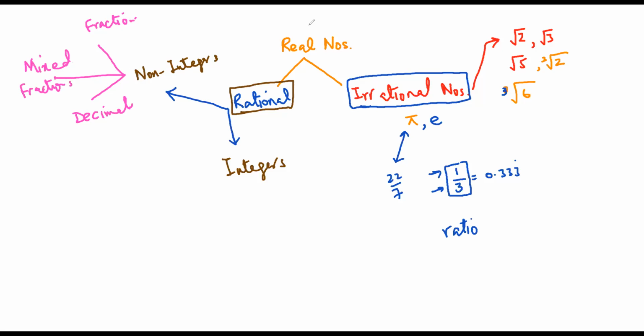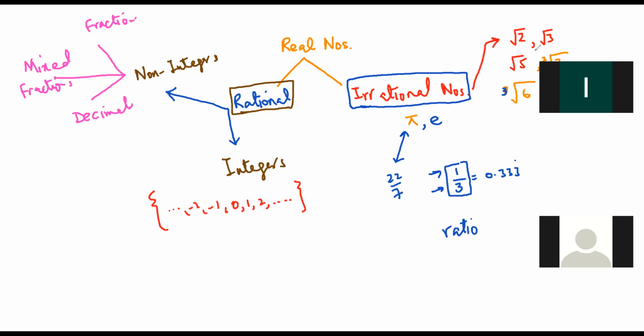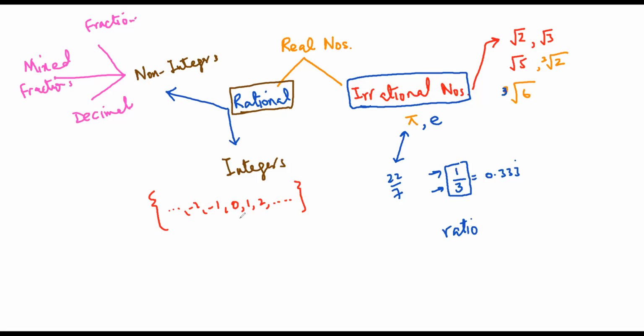Coming towards the integers. Integers are basically all the positive whole numbers and the negative whole numbers. When we say that we have an integer, this does not mean that the number can be a decimal or a fraction.